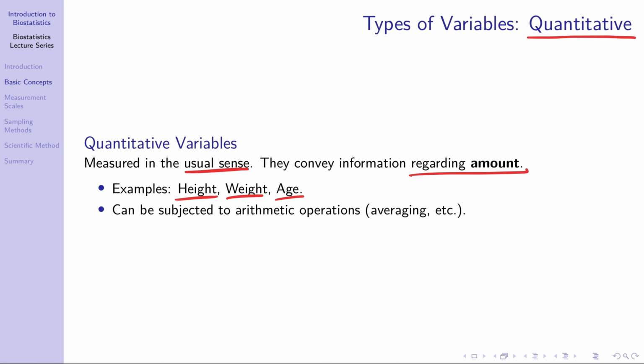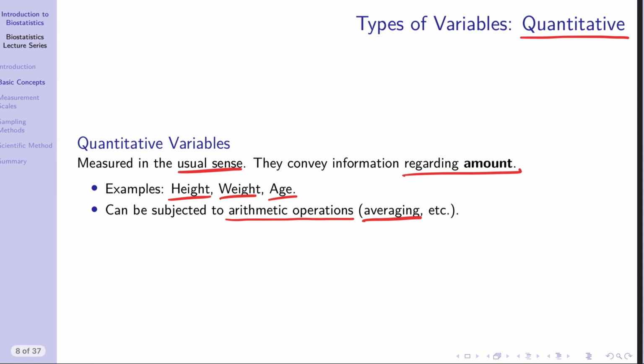A different characteristic from qualitative is that quantitative variables can be subject to arithmetic operations, for example, averaging, taking a median, or taking a variance. All the statistical operations that we generally perform can be applied to quantitative variables.